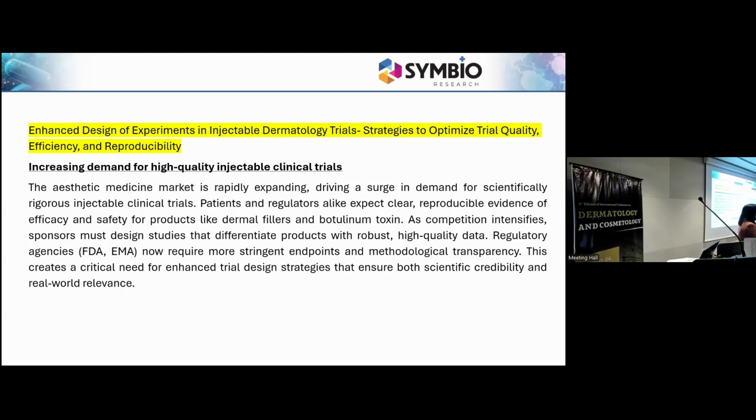This is a multi-million-dollar market of derma fillers, of injectables, and even the patients these days are very well informed about the ethical standards. They are very well informed about what is in the market, what the options are. And when the manufacturers want to lay it out in front of you, they want to give you the best. They want to tell you that this is FDA approved, this is EMA approved, we had these results in a phase 3 trial.